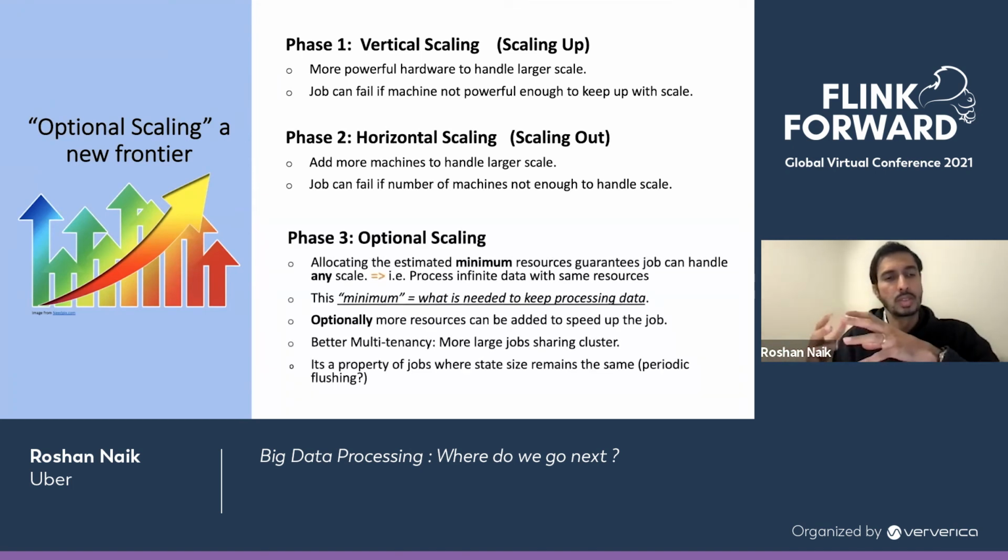So the term optional scaling is primarily recognizing that there is a subset of jobs or use cases which don't actually need to be given more and more resources in order to handle larger and larger inputs. Basically, if you give them some amount of estimated resources, then they're able to process essentially infinite amounts of data with just that amount of resources. The word optional there simply means that adding more resources is optional, and that's something you may want to do if you want to, say, speed up the job, but it's not something you're forced to do to handle larger inputs.